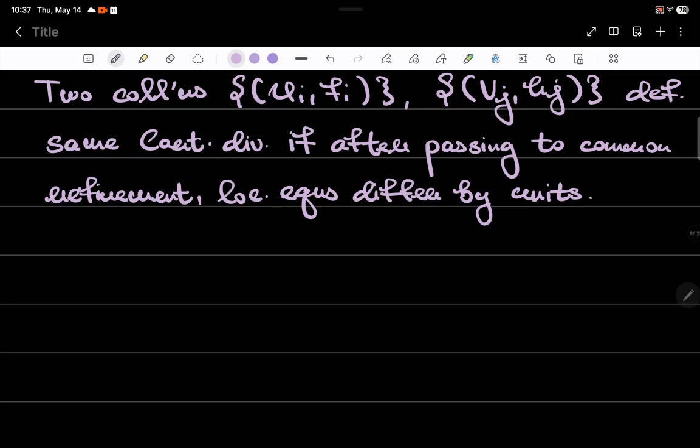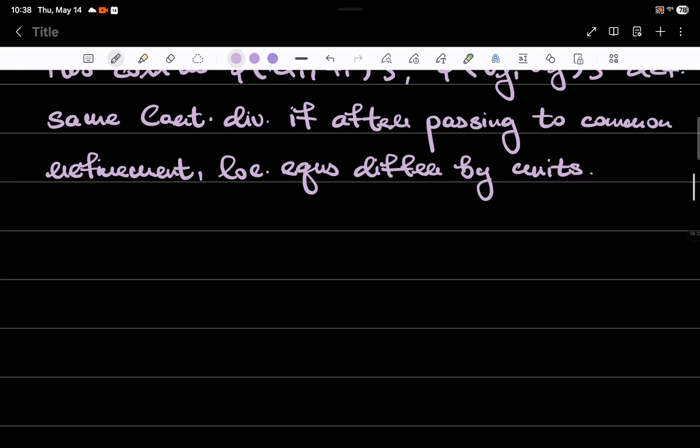So multiplying a local equation by a unit does not change the divisor. And this is because a unit has no zeros and it has no poles. So these are invertible, and their inverses are regular functions as well.